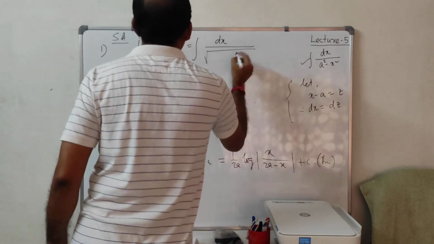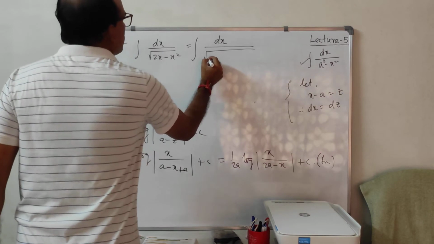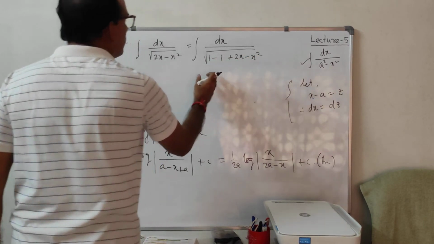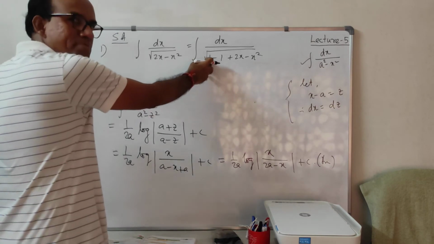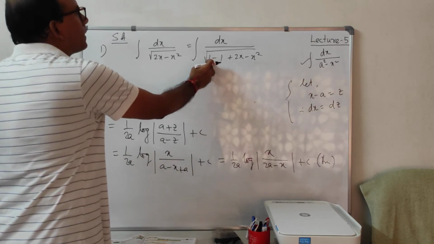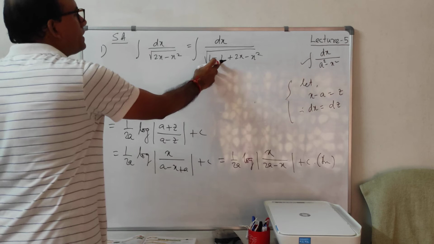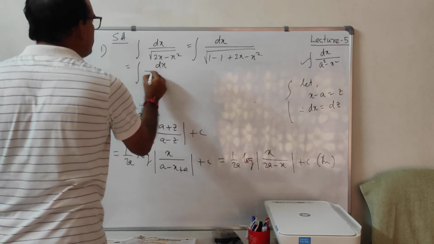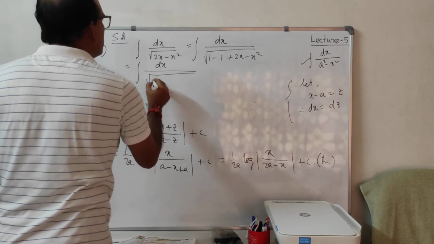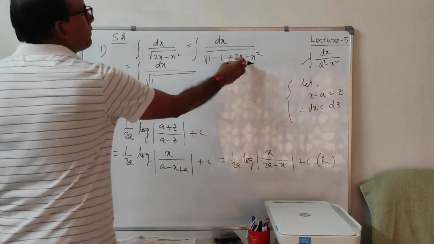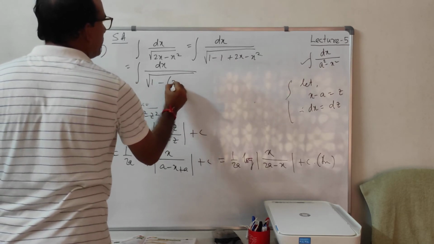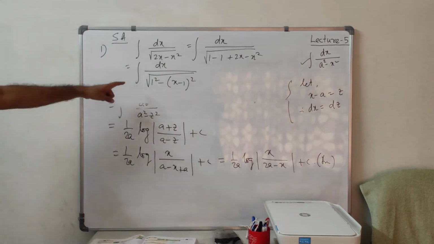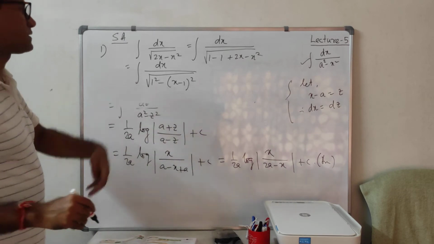I discussed earlier. Just introduce 1 here, 1 minus 1 plus 2x minus x square. I write 1 and adjusted it by minus 1. So this will be integration root over 1 minus, if we take minus common, (x minus 1) whole square. You may think 1 as 1 square.